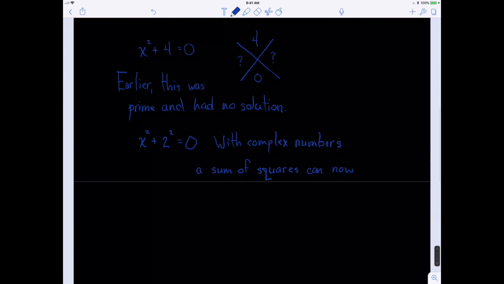And it's factored as a difference of squares in the complex numbers.